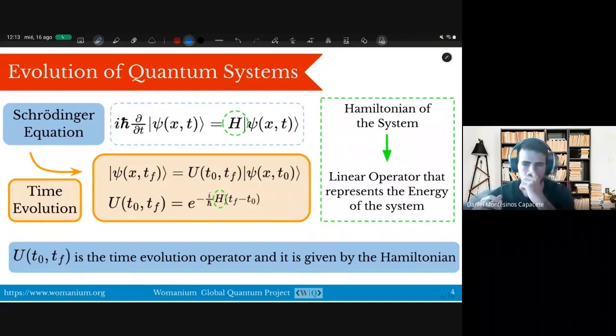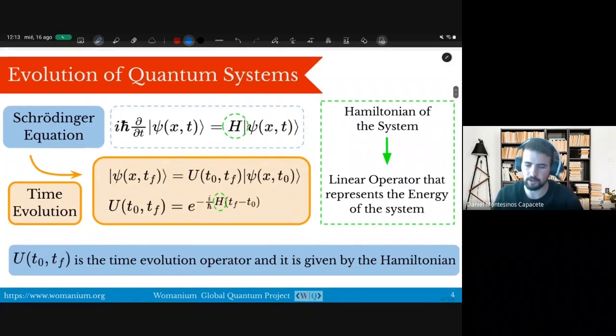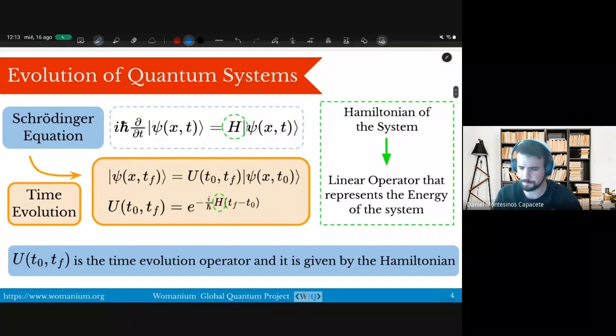Because remember that in quantum computing, we are working with qubits. That's our physical system. So at the end, quantum circuits are just going to be some kind of operation that evolves your qubits over time. So that's why it's important to understand a little of the evolution of a quantum system.